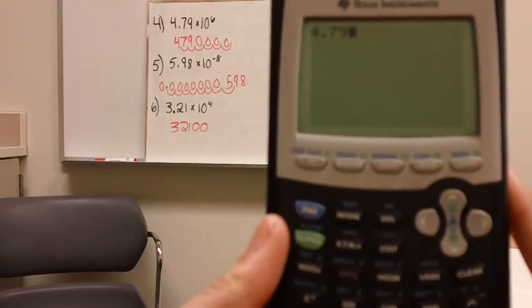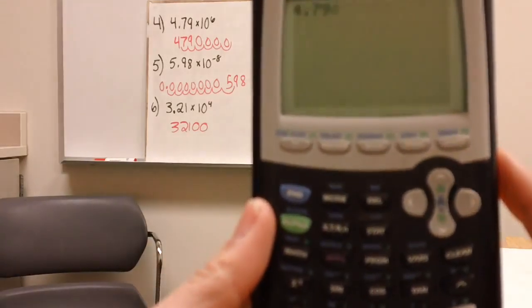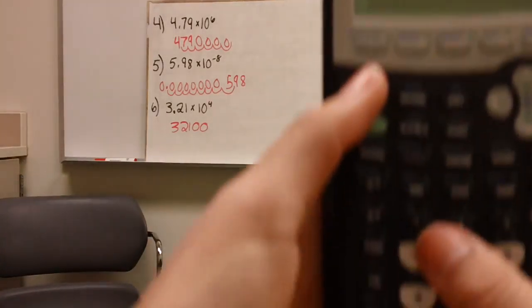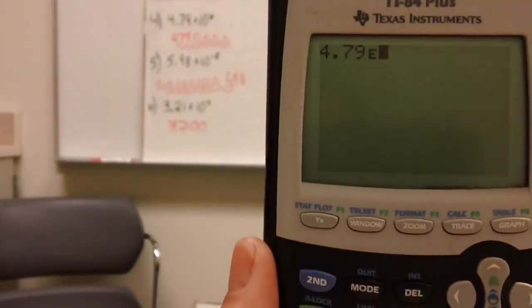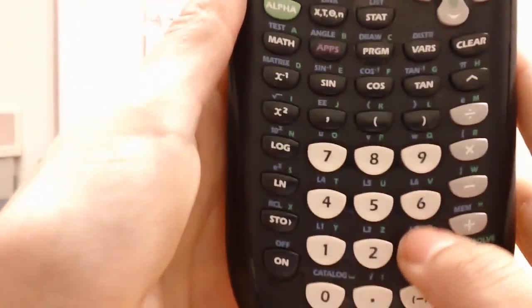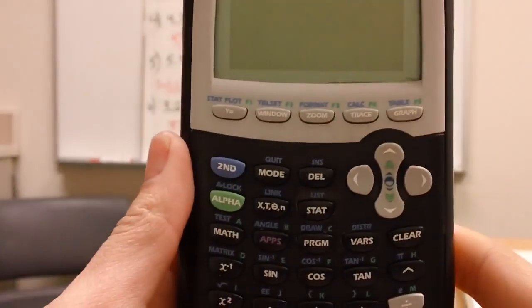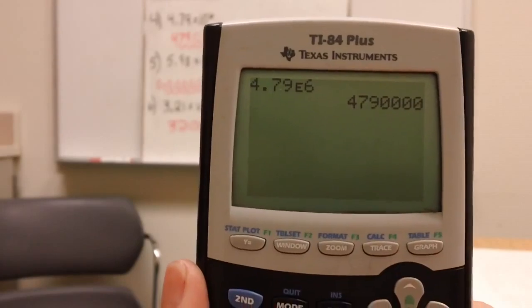Instead of writing out times 10 to the 6th, we're going to press second and the comma. Above the comma is going to be that double E. Now if you see here, it's going to put an E. Then all you have to do is enter 6, because that was our exponent. You press enter, and you get the correct answer.